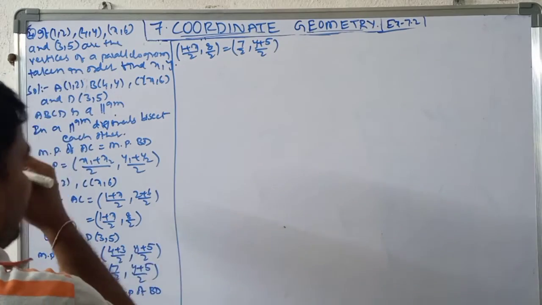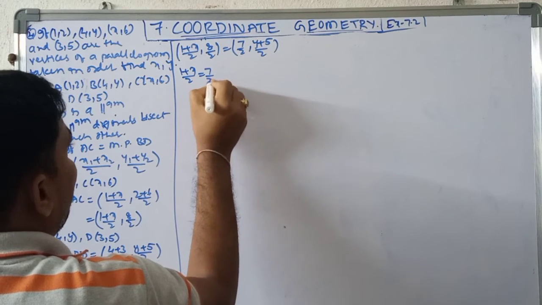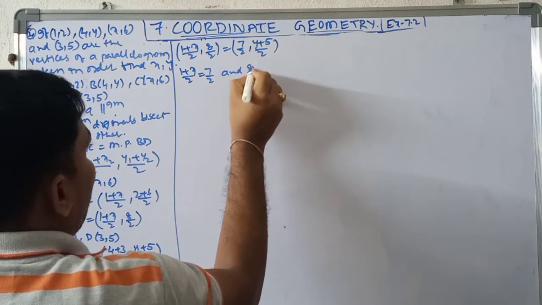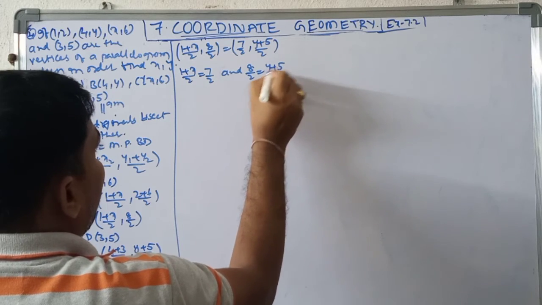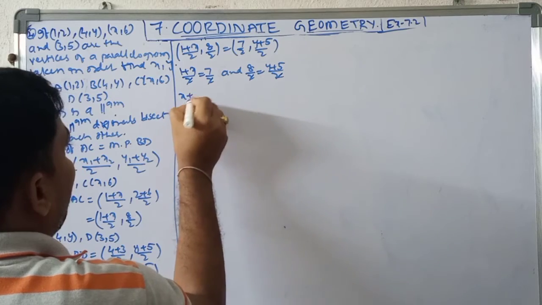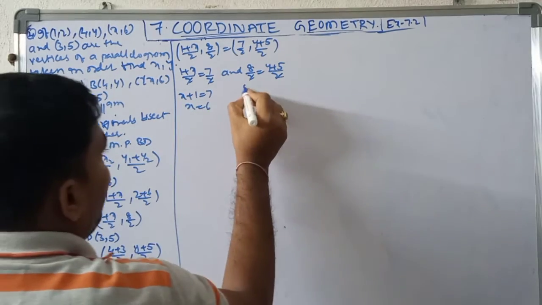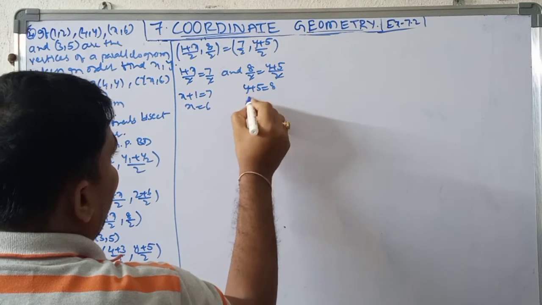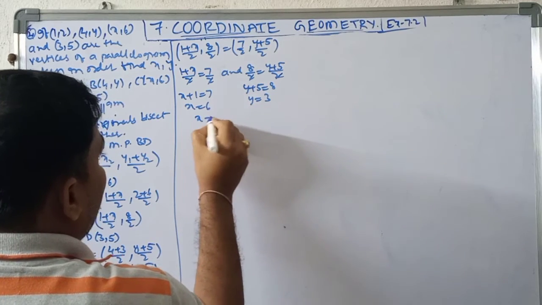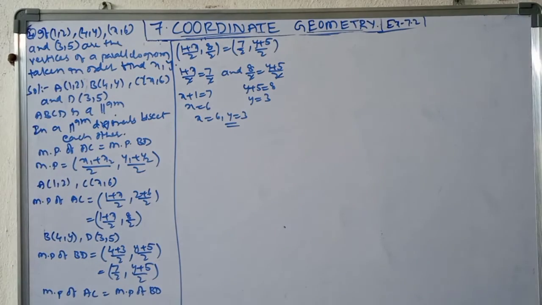So corresponding coordinates are equal. 1 plus x by 2 equal to 7 by 2 and 8 by 2 equal to y plus 5 by 2. 2 cancel, 2 cancel. X plus 1 equal to 7, x equal to 6. Next, y plus 5 equal to 8, y equal to 3. So x equal to 6, y equal to 3. This is the required solution.